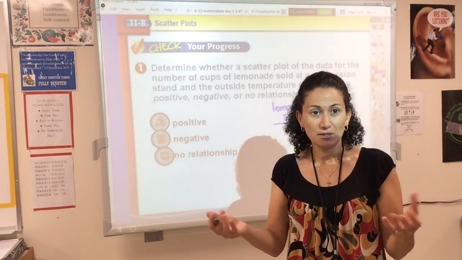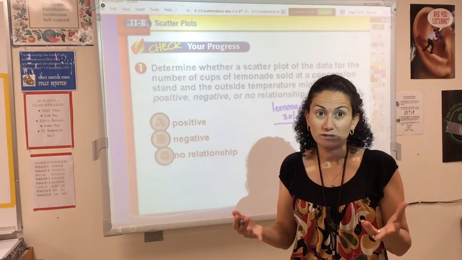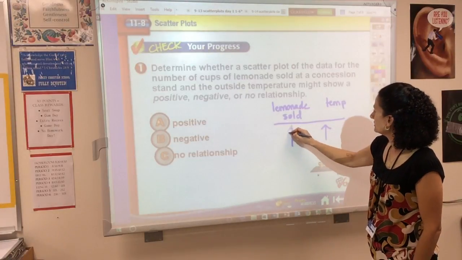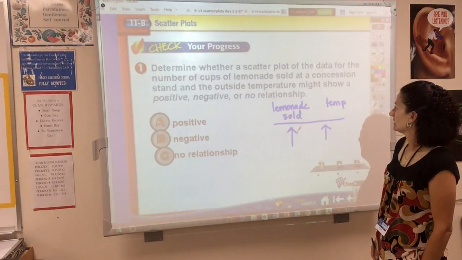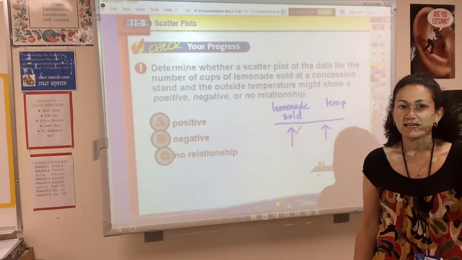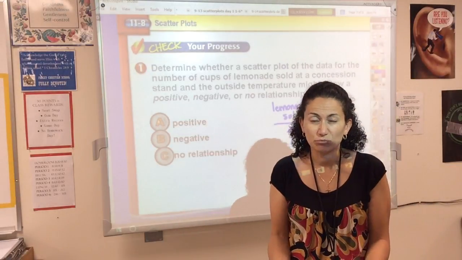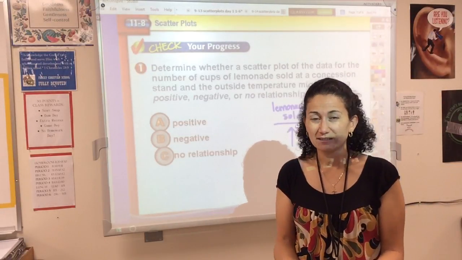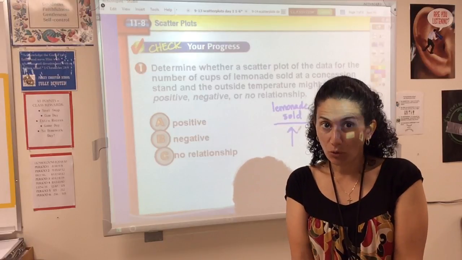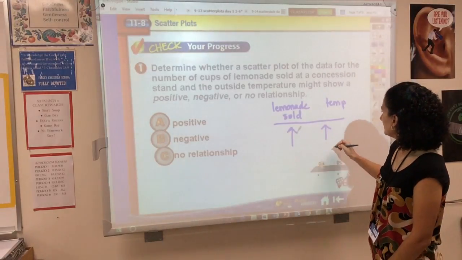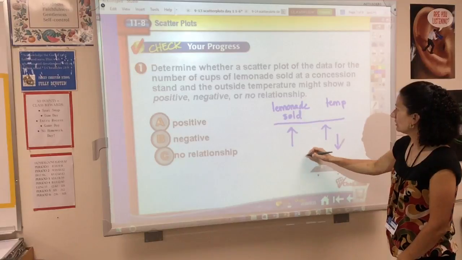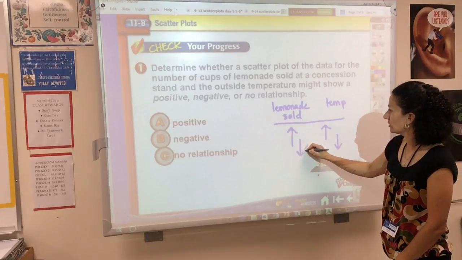As it gets hotter, more and more people will get thirsty and want to buy lemonade. So we're seeing an increase here. And the opposite is also true. As the temperature goes down, on a really cold day, people are not necessarily going to want to stop and buy cold lemonade. So as temperature gets lower, then lemonade sold will get lower.